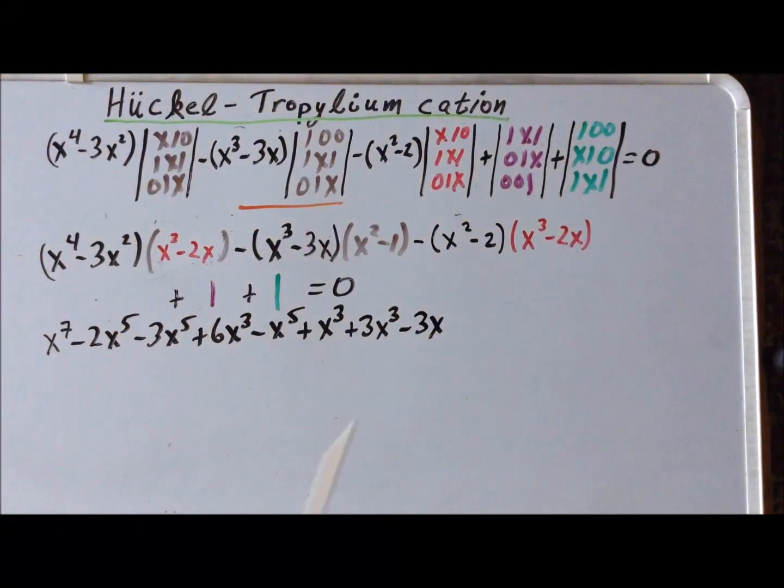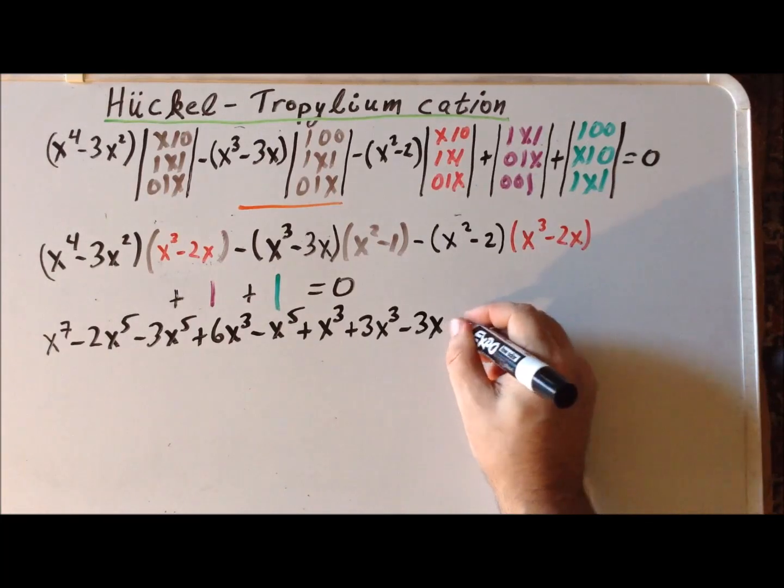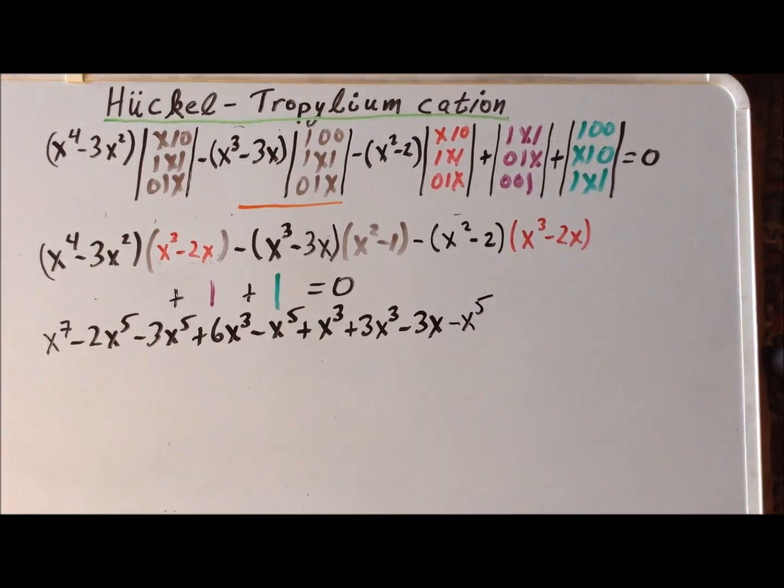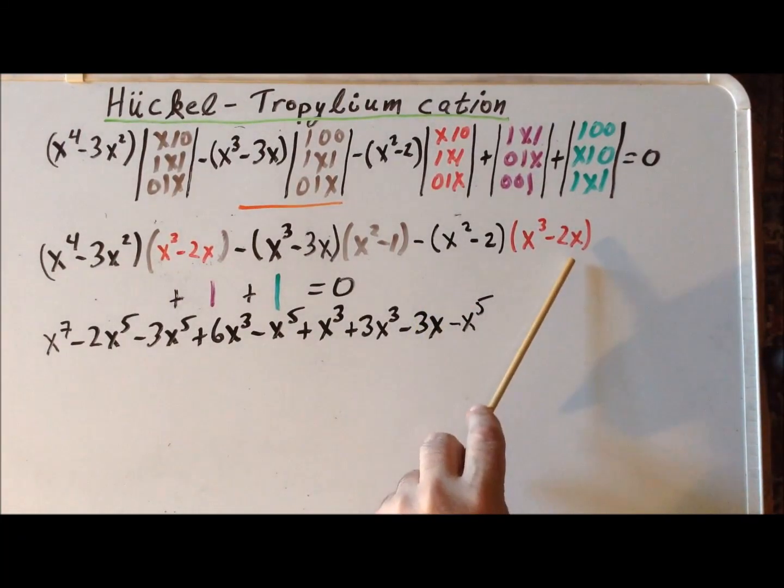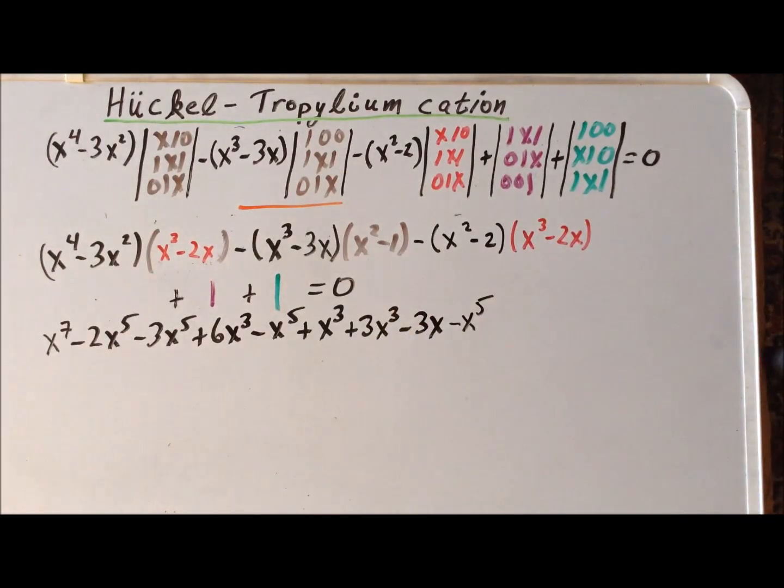We have a similar challenge here we have to be careful of, so we have x squared times x cubed is x to the 5th, but we have the minus sign, so that's minus x to the 5th. x squared times minus 2x is minus 2x cubed, but we have the minus sign, so it's plus 2x cubed.